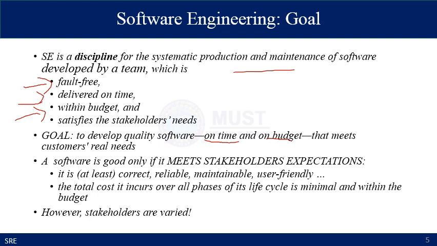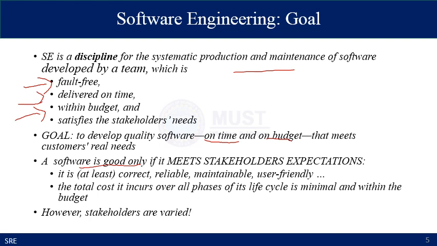So a software is good only if it meets stakeholders' expectations. So if your client or any party or stakeholder that is interested in building your system is satisfied with your system, your software is bound to have a good quality.